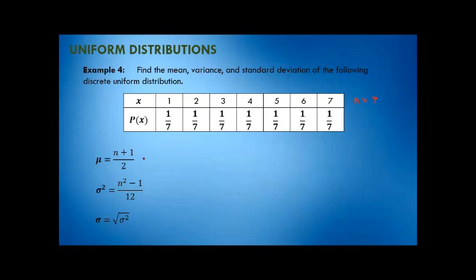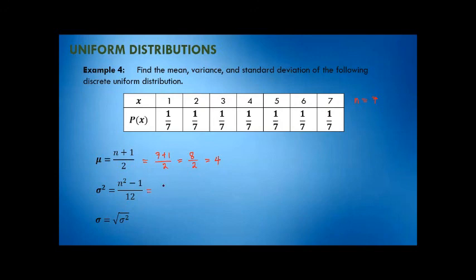Substitute lang again natin. So, for the mean, we have 7 plus 1 divided by 2. That is 8 divided by 2. The answer is 4.